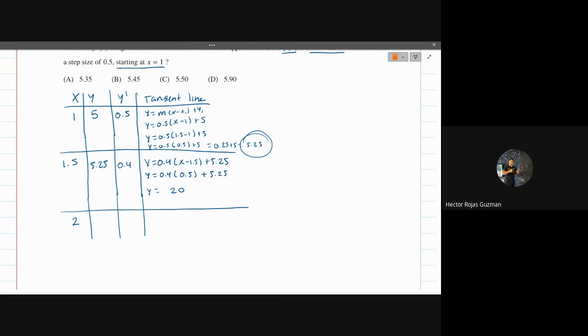So we have 0.20. And then 0.20 plus 5.25 gives us 5.45. And that is the approximation using Euler's method.